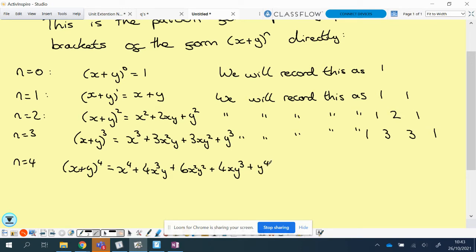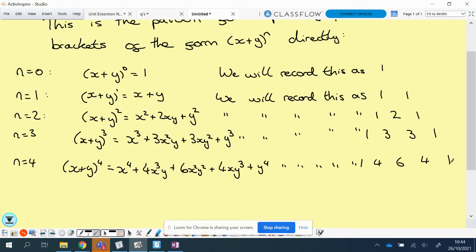Again, if we recorded just the coefficients in front of each term, we would get 1, 4, 6, 4, 1, and so on.